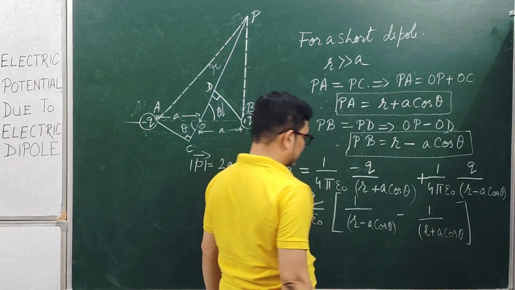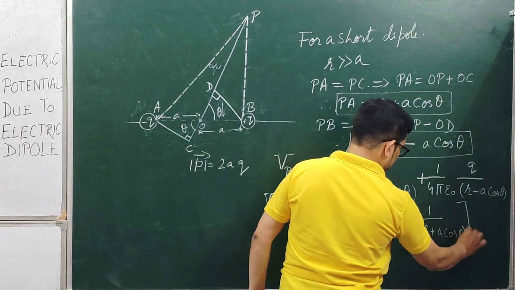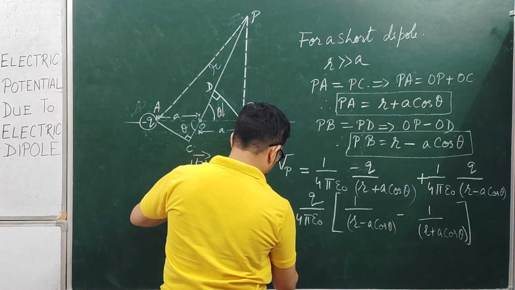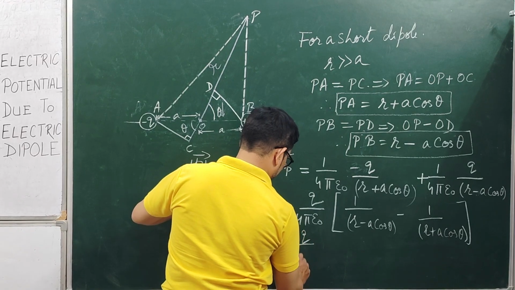Now it's just mathematical manipulations and simplifications. If you take the LCM in the bracket, we get V_P equal to Q over 4 pi epsilon naught.